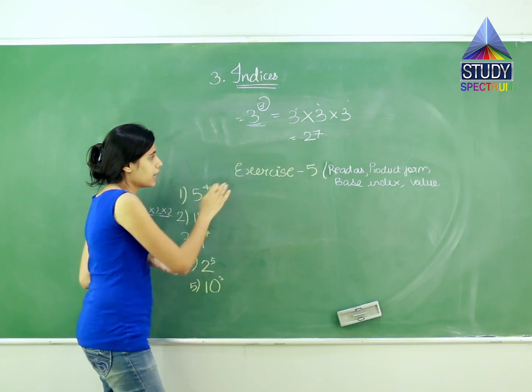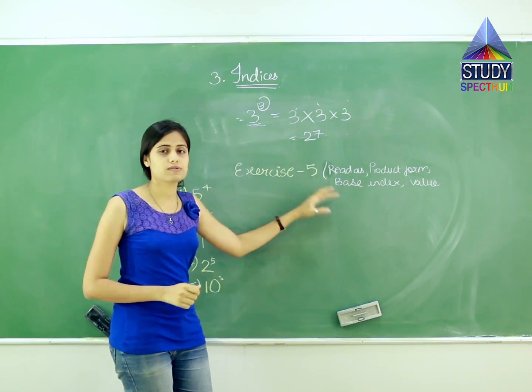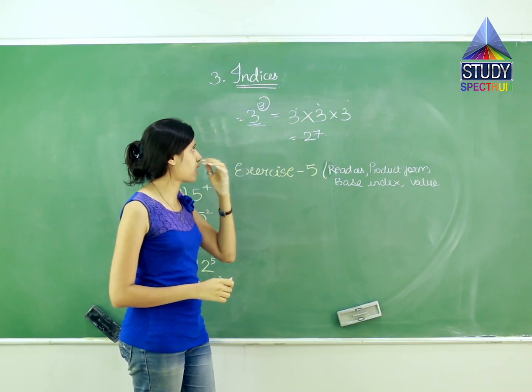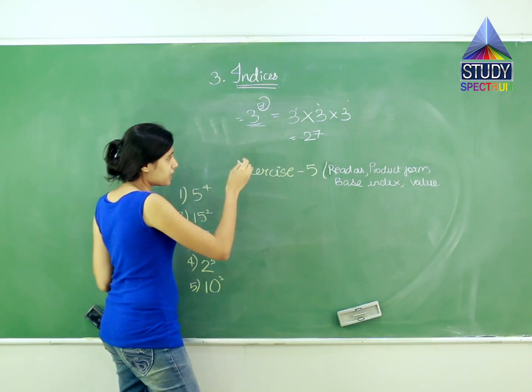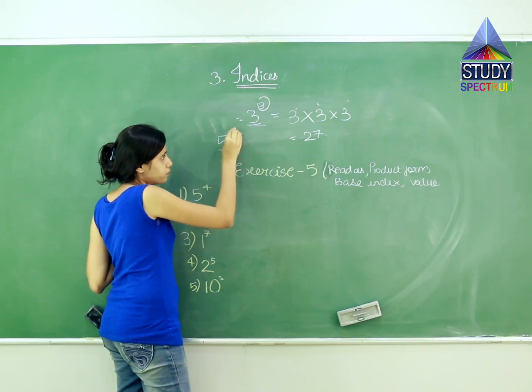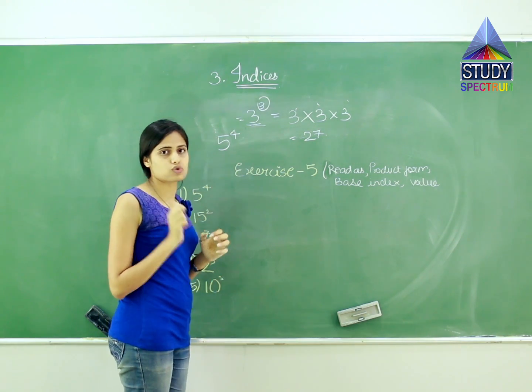Now look over here, in exercise number 5, we will understand it more. But before solving this exercise, we should know how to read this. It is 3 raised to 3. For example, 5 and 4 is read as 5 raised to 4.